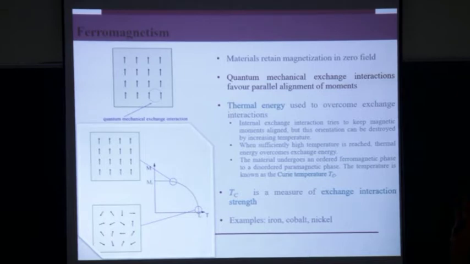But right now we are talking about the case where the lower energy is when they align in the same direction. It doesn't have to be that that's the lowest energy in all cases. An example is antiferromagnetism, in which the lower energy is when one is pointing one way and the other is pointing the other way. So it is not so good to use that analogy with big bar magnets, because they always behave in the same way.